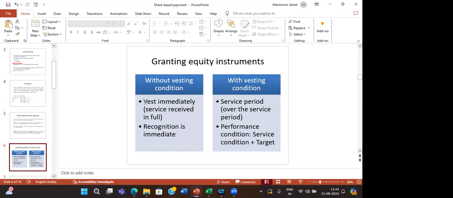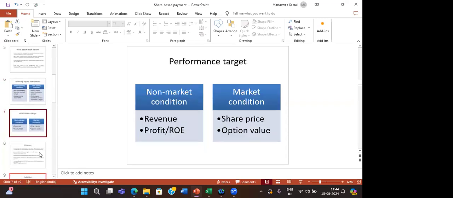It is not that there is a vesting period of 3 years or 4 years. If you recall the example in the classroom, we are not going to spread the expense over 3 to 4 years. You have to recognize the expense immediately because you are just giving it in recognition of the past service of the employees, right?